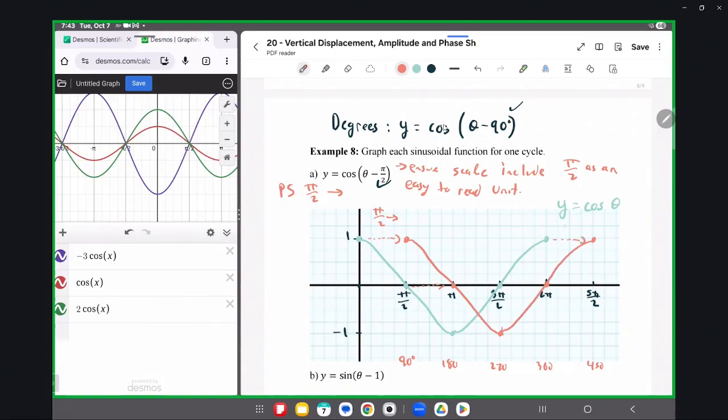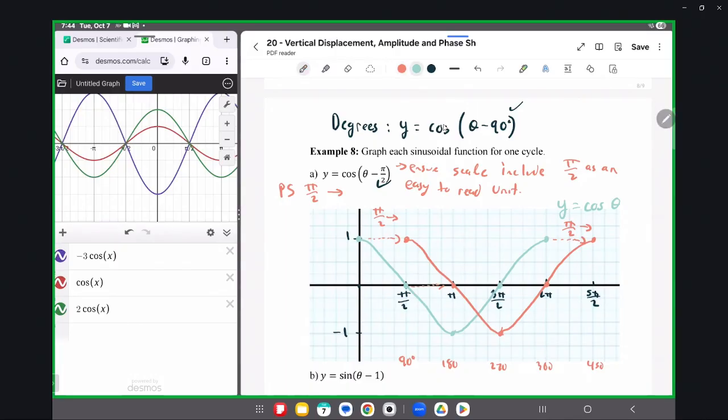All of these distances are going to be shifted over by pi over 2, right? And we just had to make considerations to ensure that we had an easy scale to help us translate by. So if I see a phase shift of pi over 2 or pi over 4, I want to make sure my scale has an easy pi over 4.